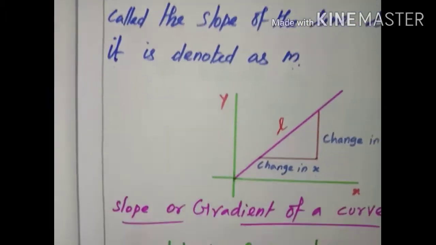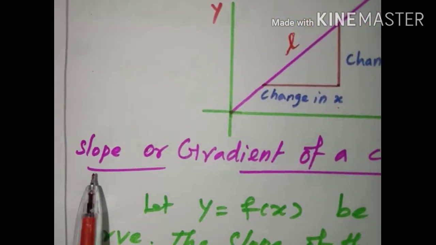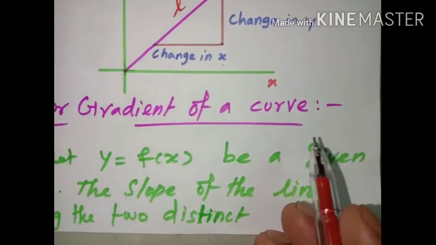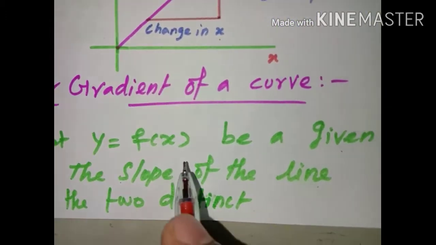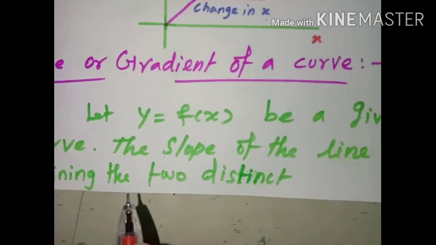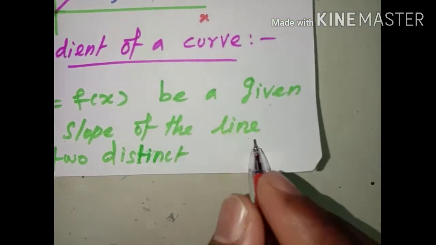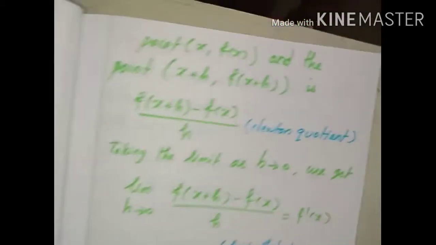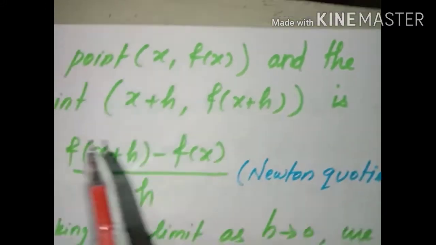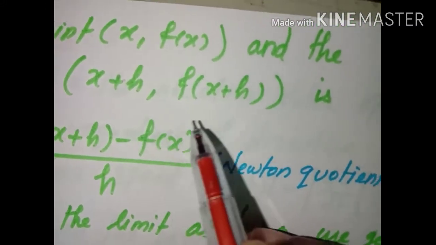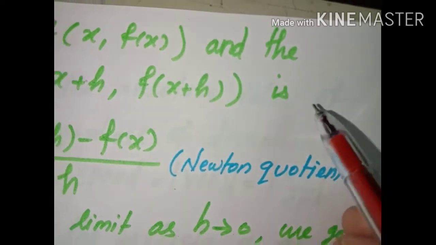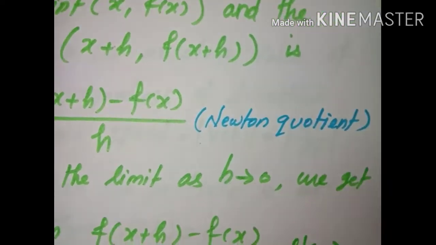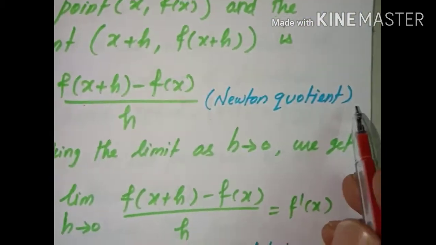Now the next topic, slope or gradient of a curve. Let y equal to f of x be a given curve. The slope of the line joining the two distinct points (x, f of x) and (x plus h, f of x plus h) is f of x plus h minus f of x divided by h, which is the Newton quotient.